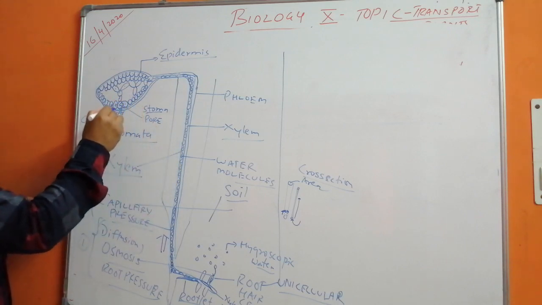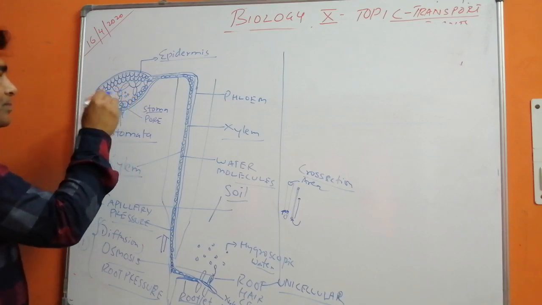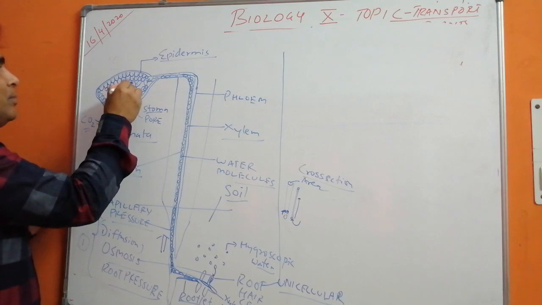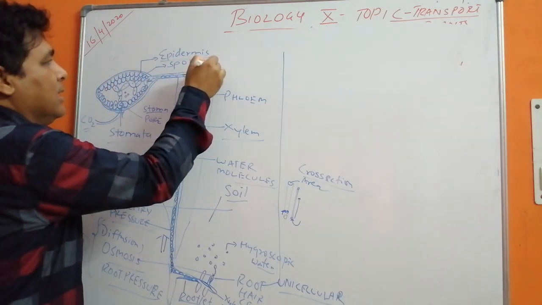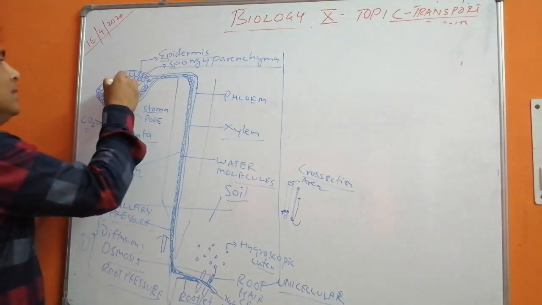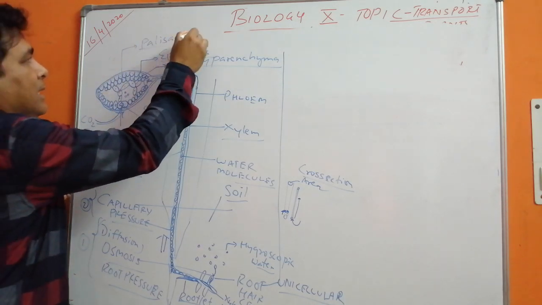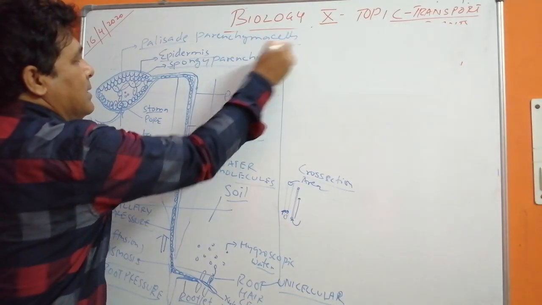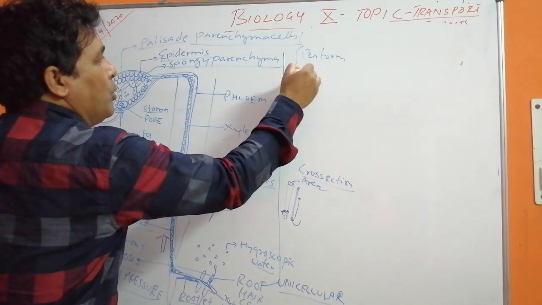Now here another pressure is there. Air is going there and then it comes out also, and the water is taken up. Now these are your spongy parenchyma cells. These are palisade parenchyma cells. Now these cells perform photosynthesis.